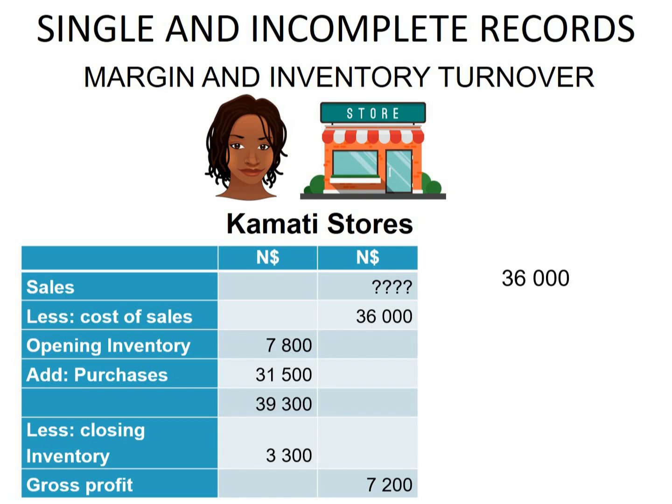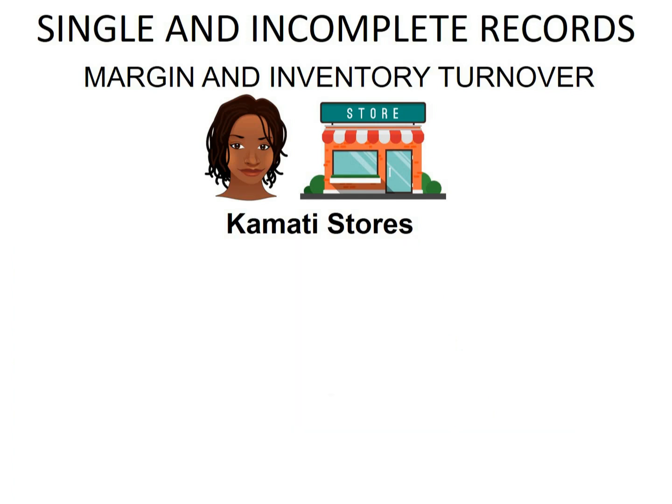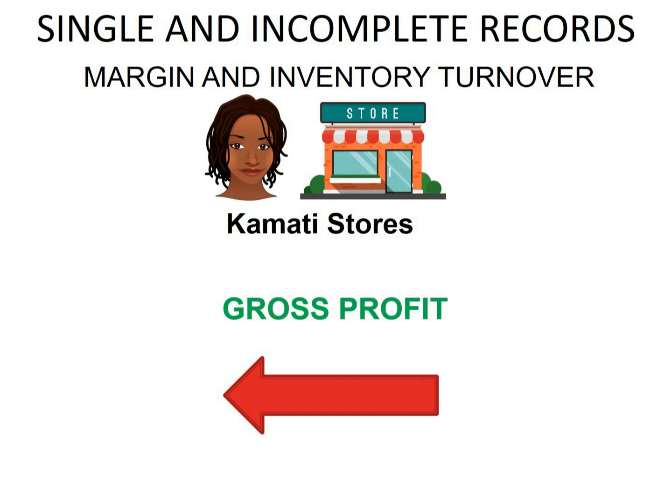So we can say 36,000, which is our cost of sales, plus our gross profit, which is 7,200, and that will give us our sales figure, which is 43,200. So remember, when you get a question like this, always start at your gross profit and work your way back.